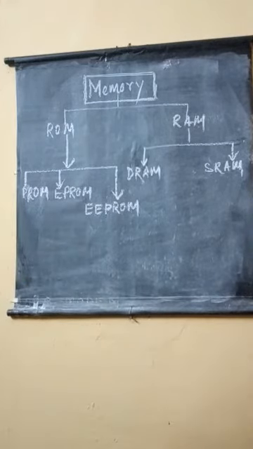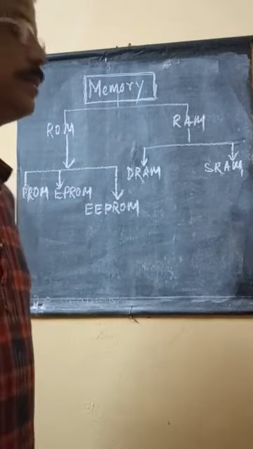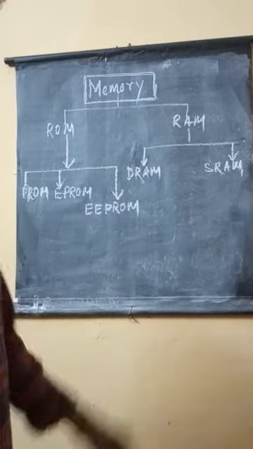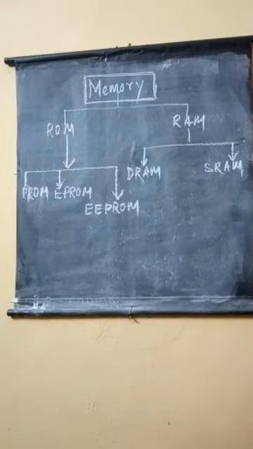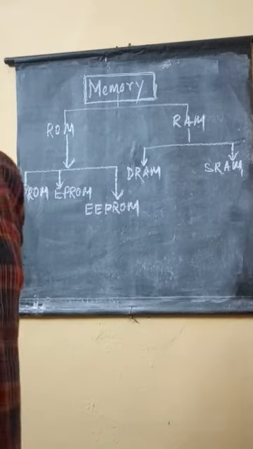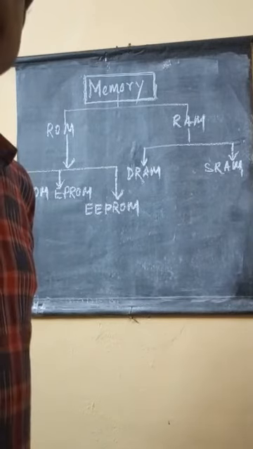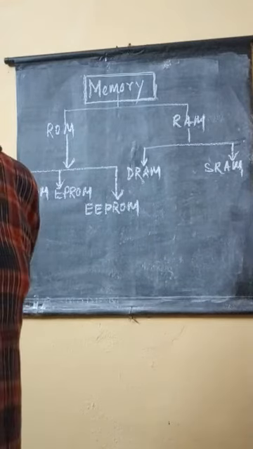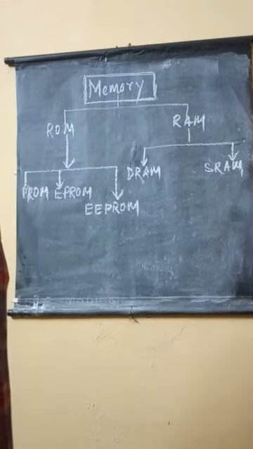Then the next thing is EEPROM. EEPROM means electrically erasable programmable read-only memory. It is similar to EPROM, but whatever is stored can be erased by using a high voltage current.